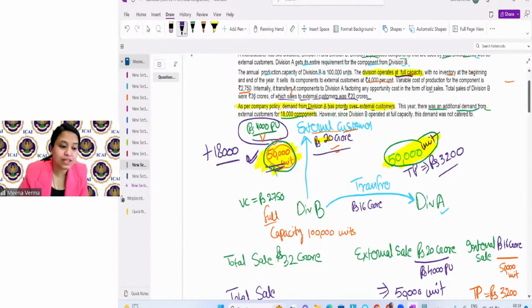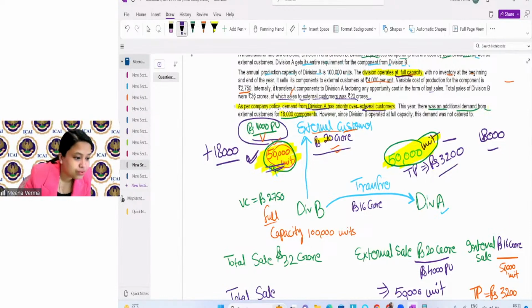So if the demand in the outside market increases by 18,000, the internal transfer has to be reduced by 18,000, which is not good. It is given that you should first fulfill the internal need, then the external need.